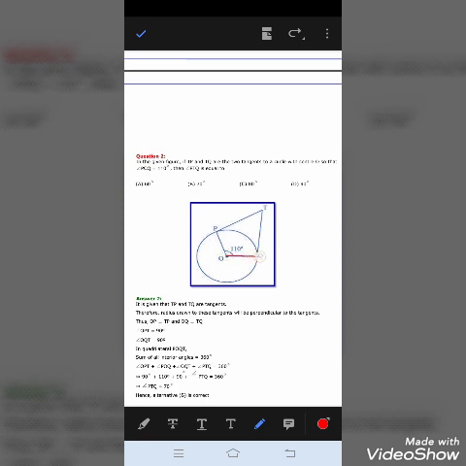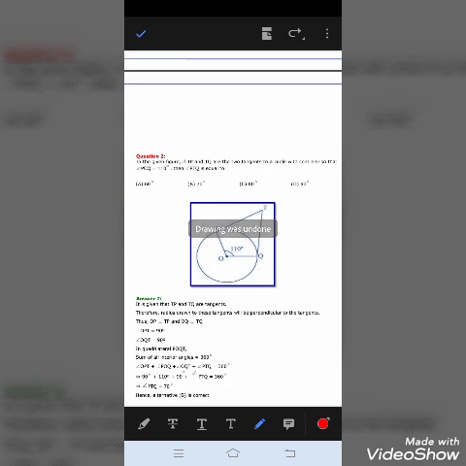Thus OP is perpendicular to TP, and OQ is perpendicular to QT.